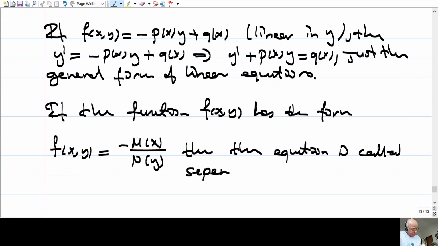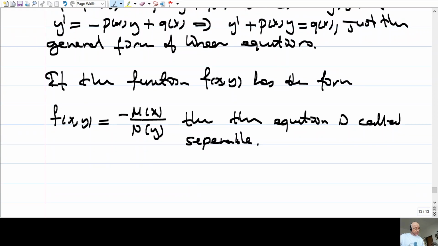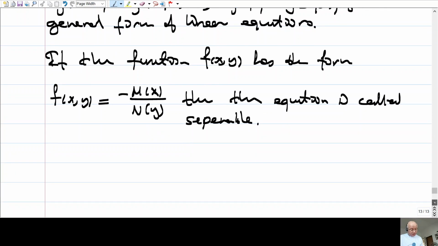Why separable? Because here you see your function is a product of two functions. One function is a function of x, the other one is a function of y. In other words, we can separate the variables x and y in product form, a function of x times a function of y. If this is the case, we call the equation separable.